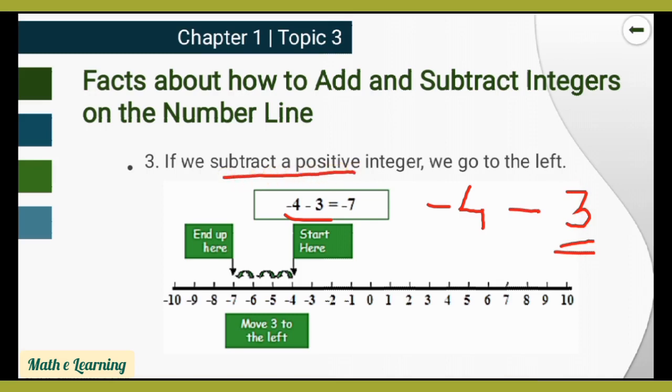If we subtract a positive integer, then we have to move to the left. First we mark -4 on this number line, and to subtract this positive integer 3, we need to move to the left. So we move 3 steps left and we reach -7, and the answer is -7.